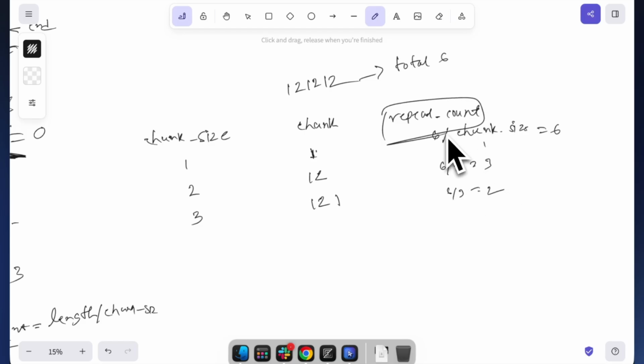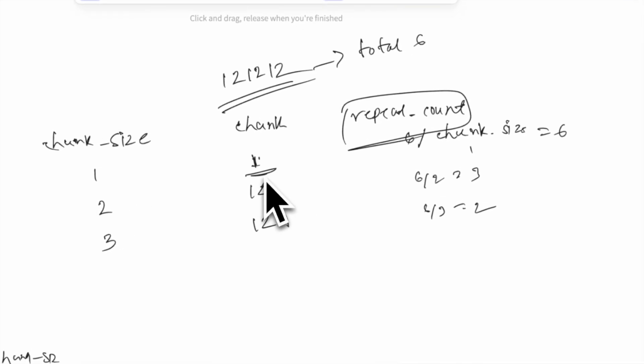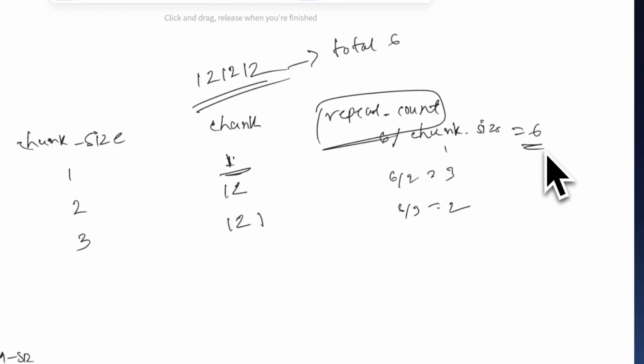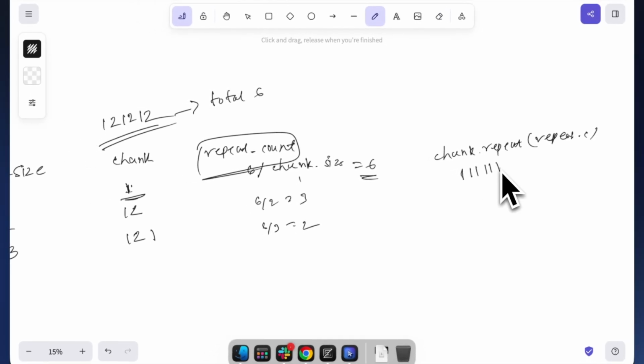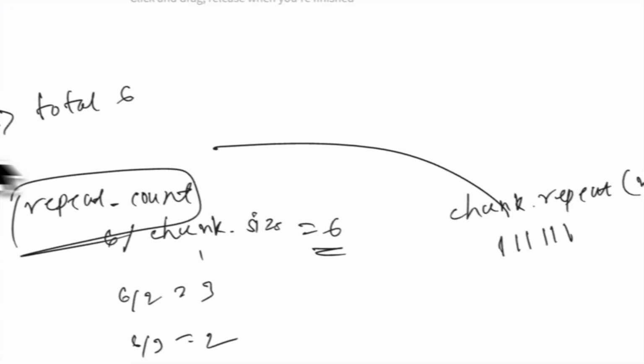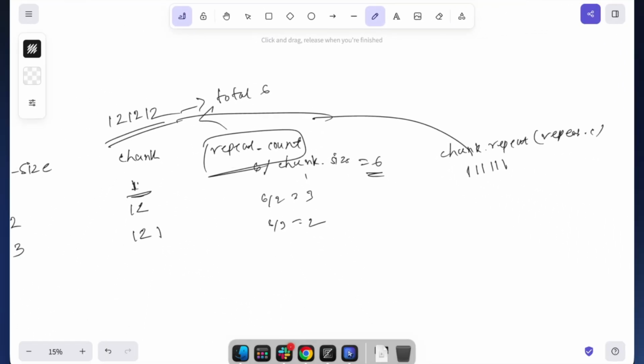We'll use the repeat count to create another string, and check whether that string is present in our given string. So chunk dot repeat with the repeat count gives 111111. Is this equal to the given string? No, so we don't return.